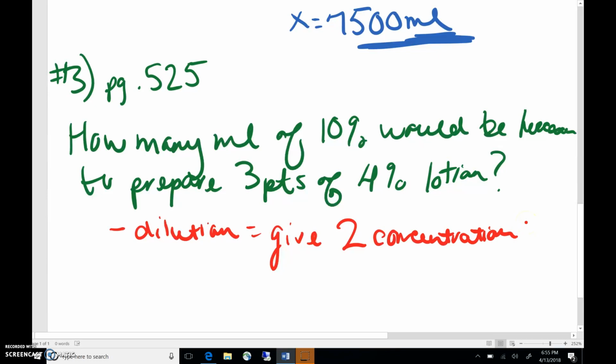Remember, I told you, if it's 1 concentration, regardless of how it's being expressed, whether it's a percentage, a ratio, or a fraction, it's a concentration problem. If you're given 2 concentrations, regardless of how it's being expressed, it's a dilution problem.